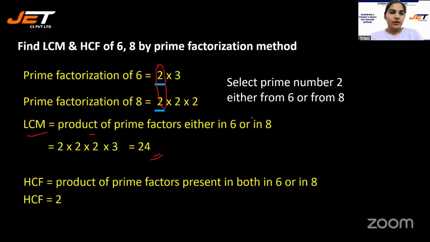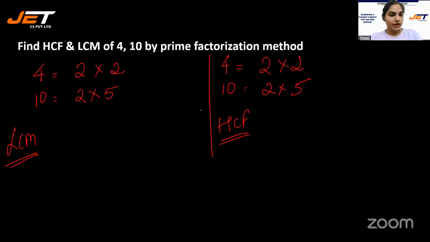So LCM is the product of prime factors either in 4 or in 10. I can see the maximum occurrence of 2 is twice, and then we have a 5. And HCF, I can make only one pair, so it is 2.